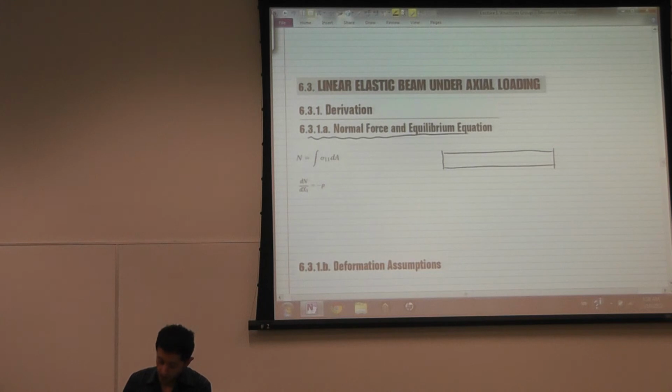So I can now look at a beam, and we've done this in the FEA throughout, a beam under the distributed normal force P, which is a function of x, and I can extract a sliver of the beam and look here at sigma 11, here sigma 11 plus a little bit more.